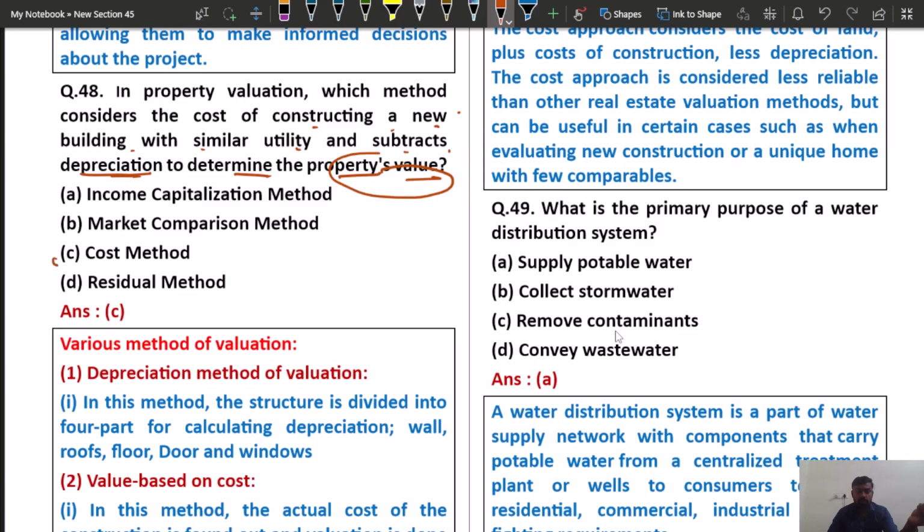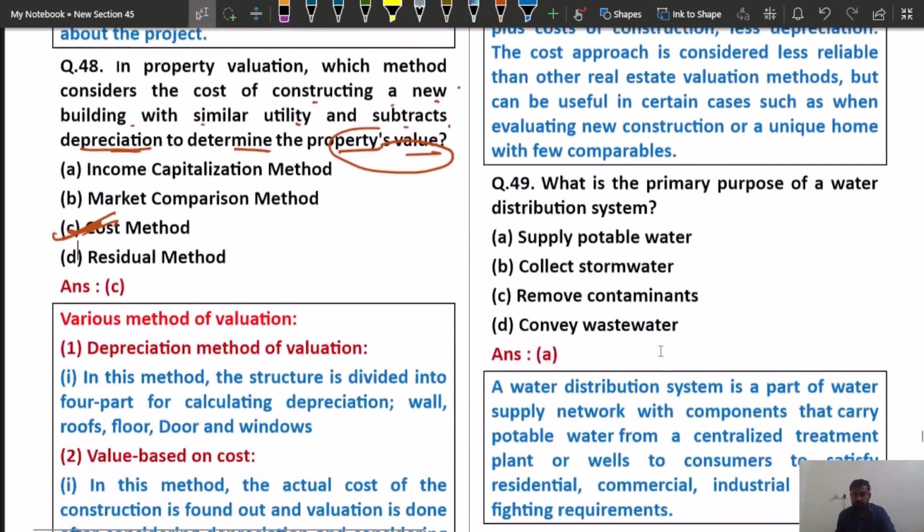In the cost method we subtract the depreciation value from the cost of construction of a new building. So this is the cost method. Option C is correct. Now proceed to the next question.